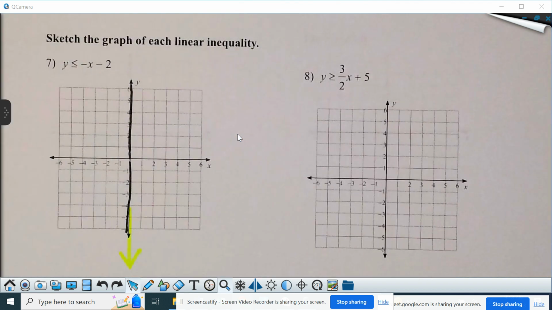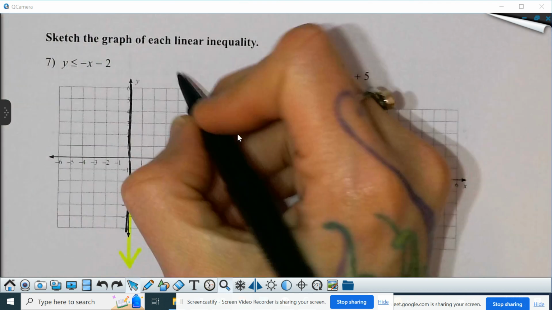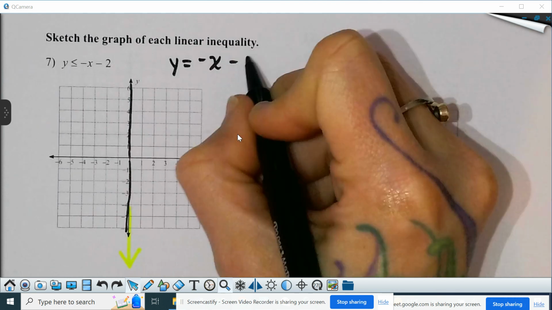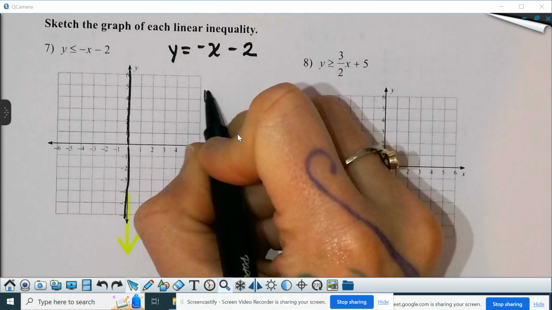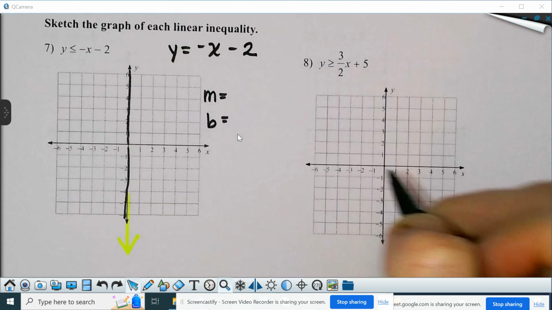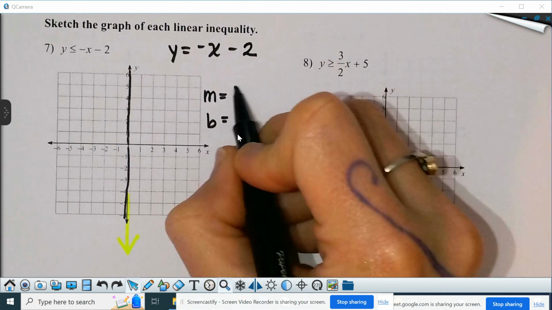Now, what's the slope if we rewrote this just linearly? So y equals negative x minus 2. What's the slope of this line? So like rise over run. What would be the fractional slope of that line? So what's our m value of that line? Negative 1 over 1.